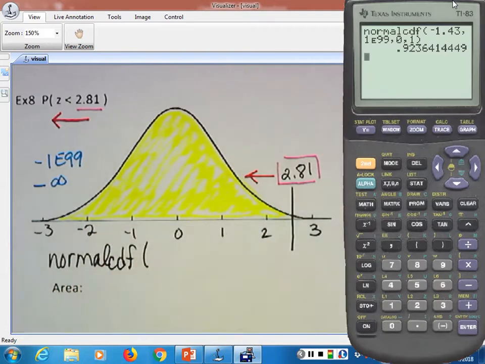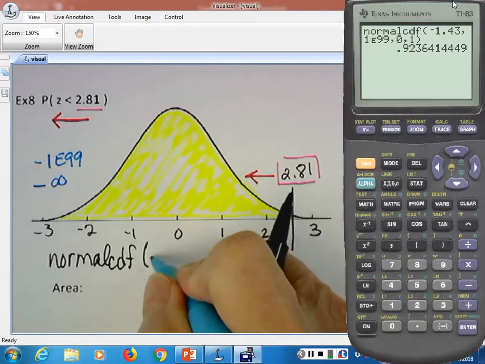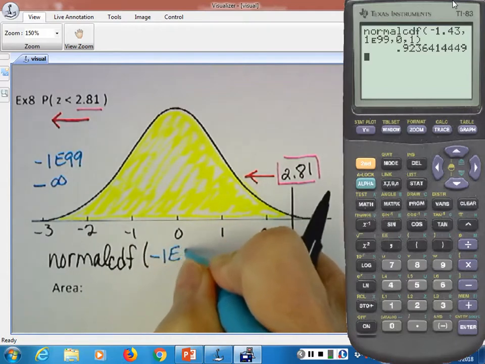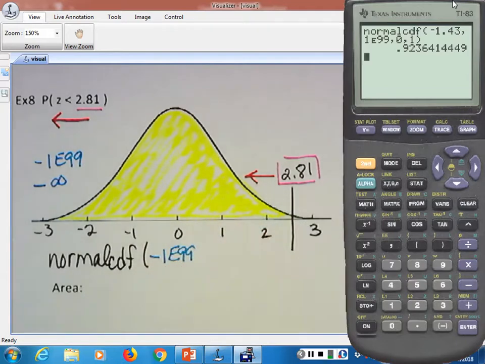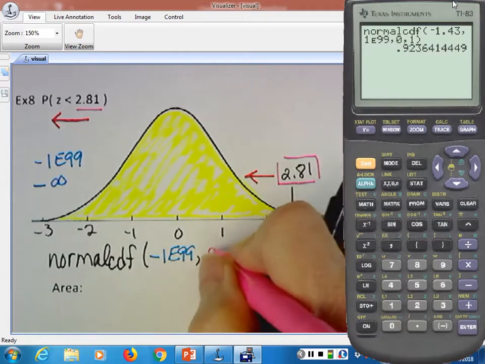So we're going to start at negative infinity. We're going to go to 2.81.